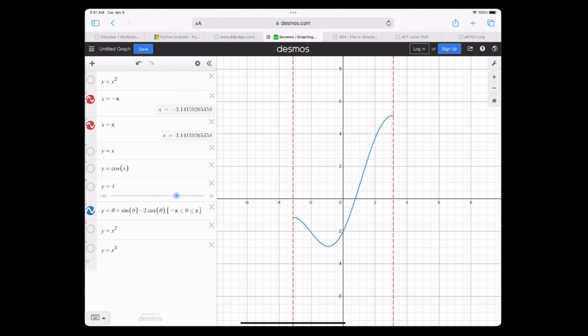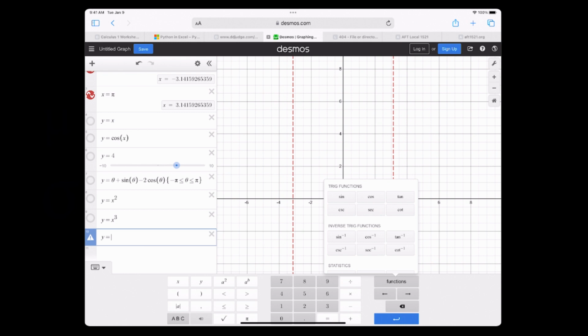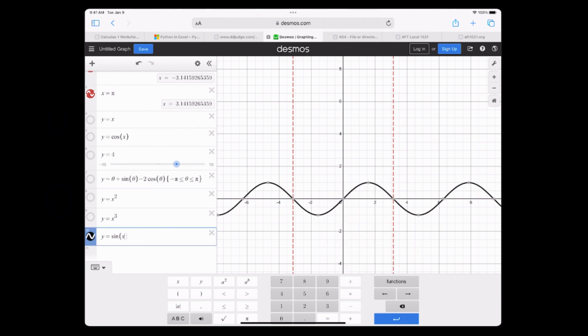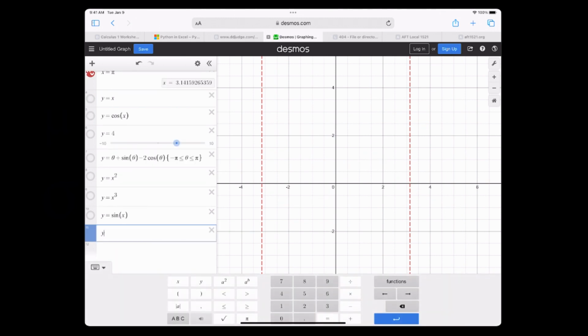Is sine even? Sine is odd. Cosine is what? Even. Symmetric about the y-axis.